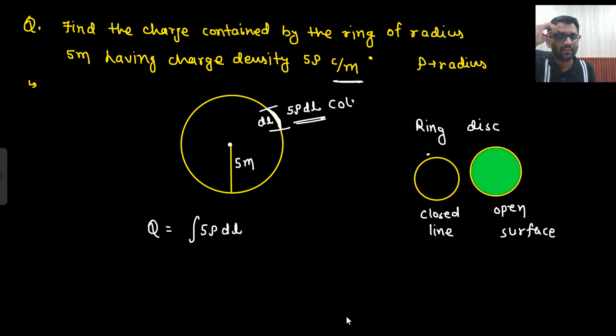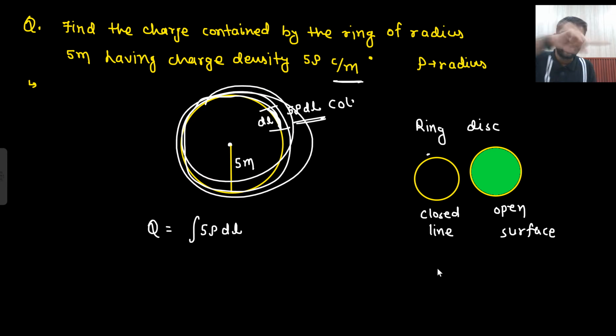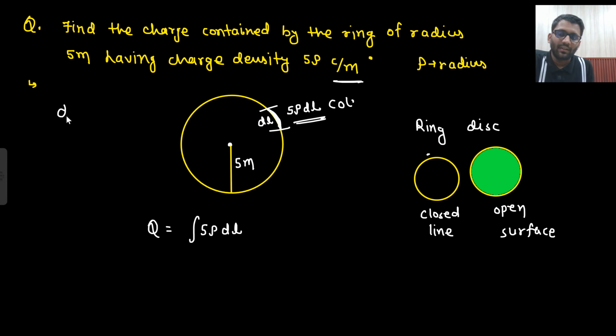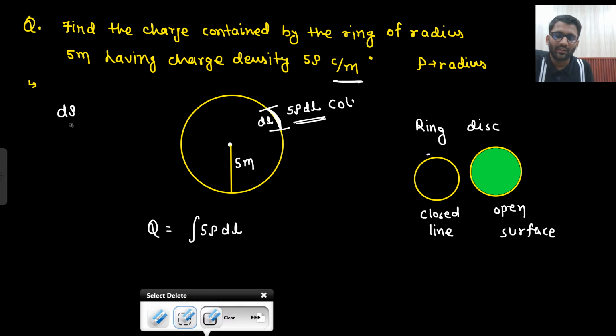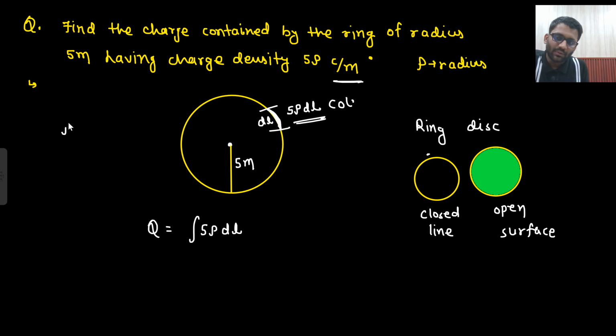Rho d phi. Why is that so? Because on this circle, what is constant? Rho is constant. What else is constant? Z is also constant. But what is variable? Phi is variable.